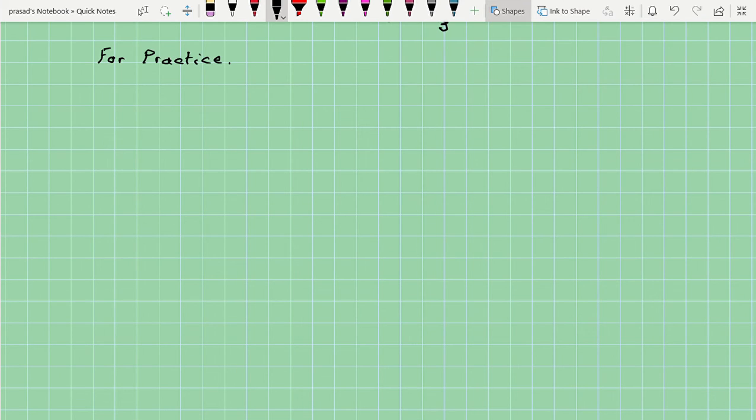Now here some force diagrams are given to you. So in the first diagram, there are two forces acting towards the right. Okay, I'll draw this again here.